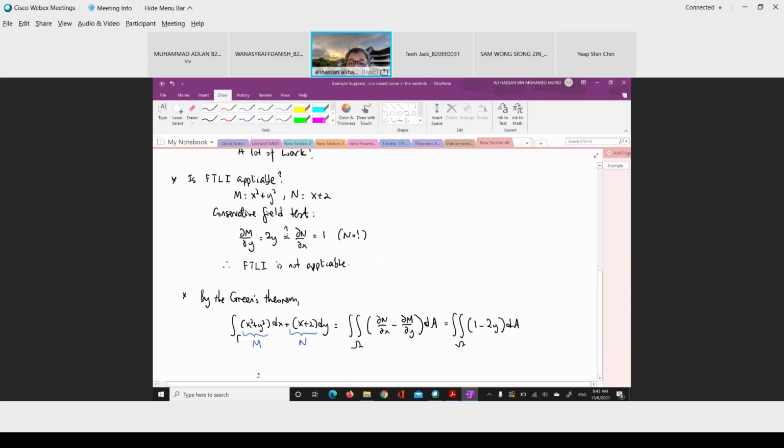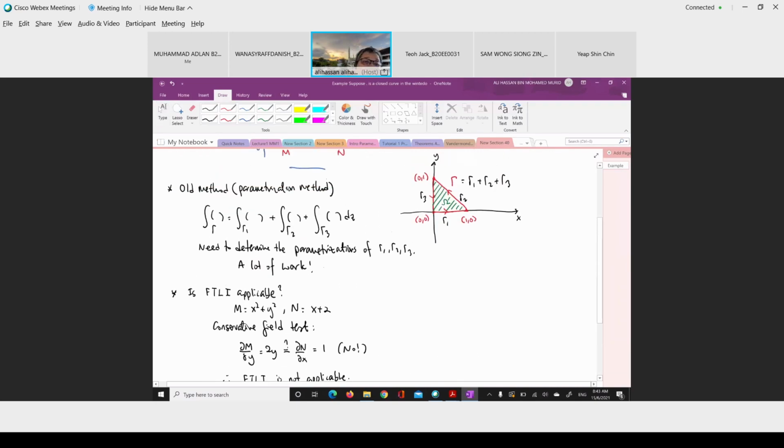So go back to the region omega here. What are the limits for x and y? The equation of this line joining 1, 0 and 0, 1 is x plus y equal to 1, right?